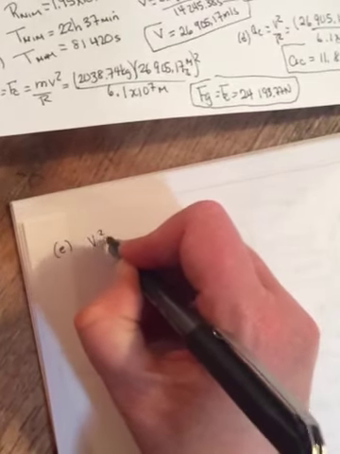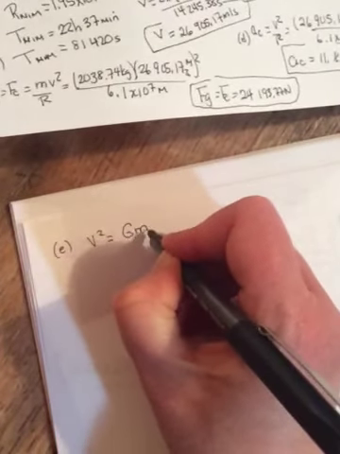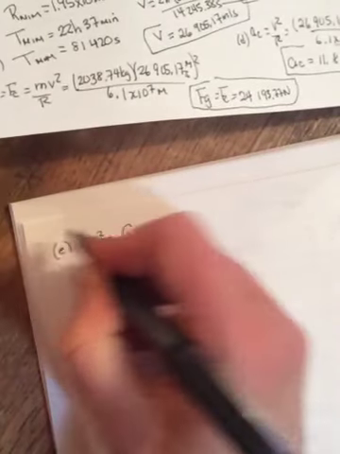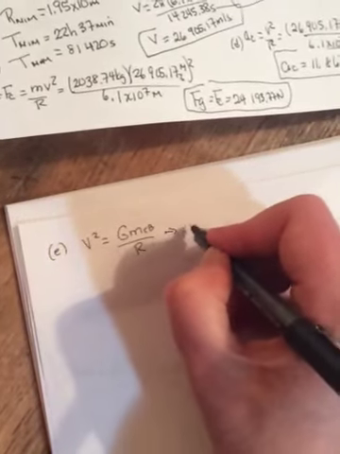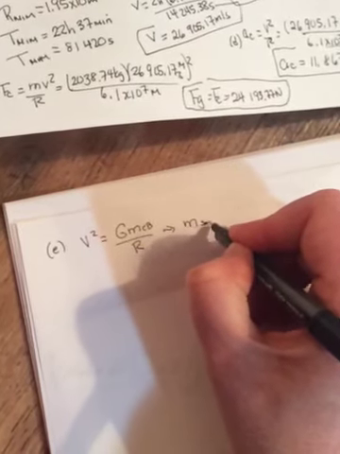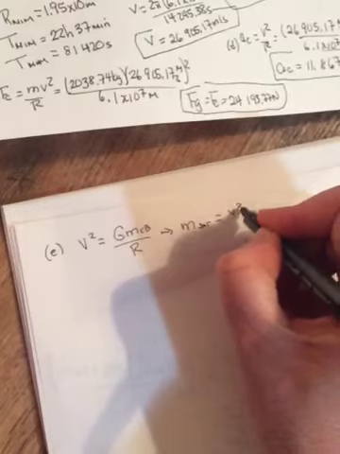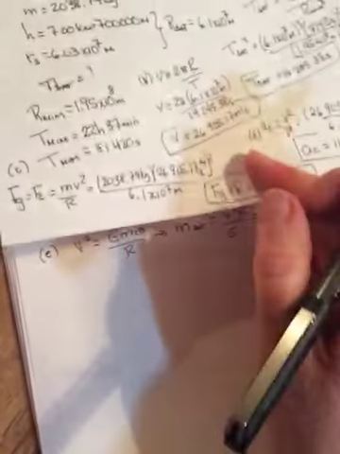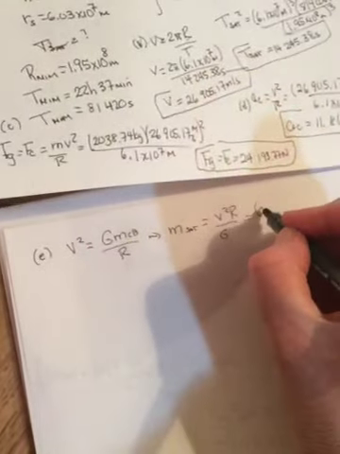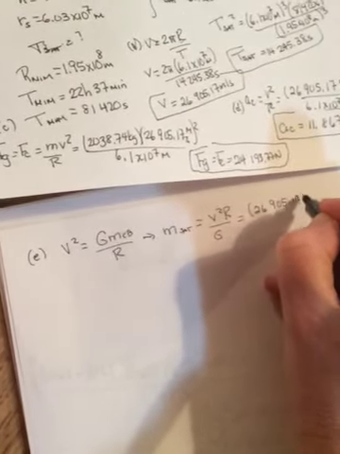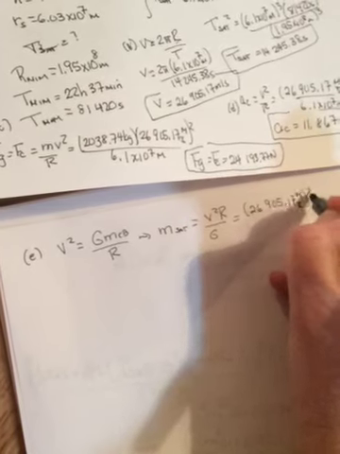So I might do V squared is equal to G mass of the central body over R. And so rearranging, then the mass of Saturn is equal to V squared R over G. So the speed from the question we just finished was 26,905.17 squared.